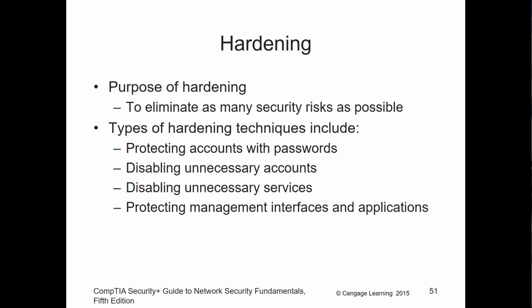Hardening. The purpose of hardening is to eliminate as much risk as possible, or to mitigate as much risk as possible. Types of hardening should be proactive accounts with passwords, disabling inappropriate accounts and services, and protecting the management interface and applications when possible.